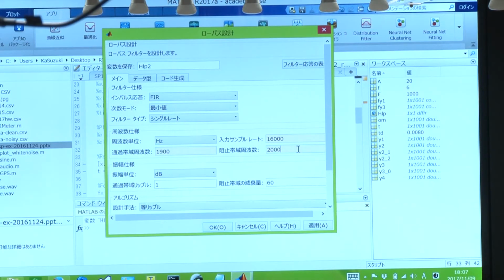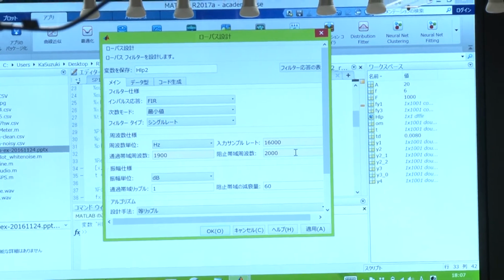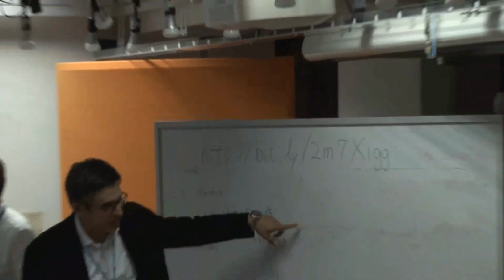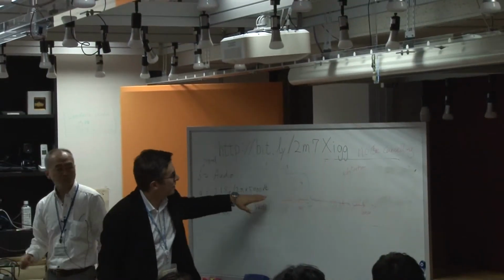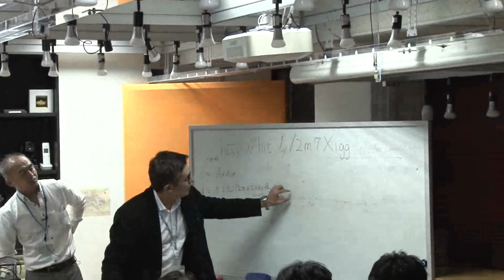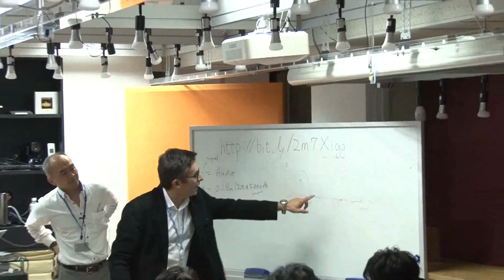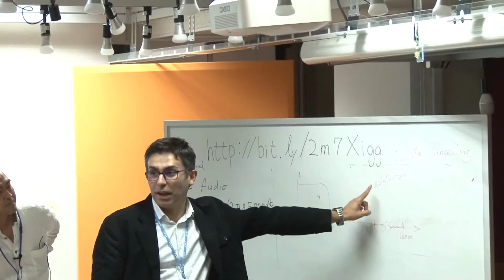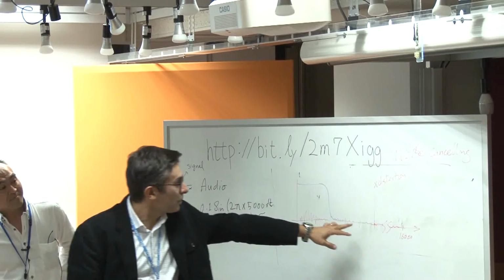I just want to explain, Suzuki said keep this one. So in the last one you had the audio signal. This is the frequency domain that had signal around here, and there was a distortion there, right? If you remember.